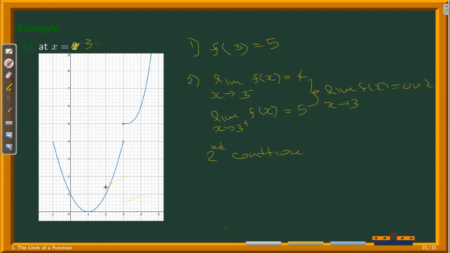You are paying attention. If it's continuous at 2, it is continuous, because this is 1, this is 1, and the function value is 1. So here I said the second condition is broken. I will correct it when I upload the notes. This is supposed to be 3. Okay, f is not continuous at 3.